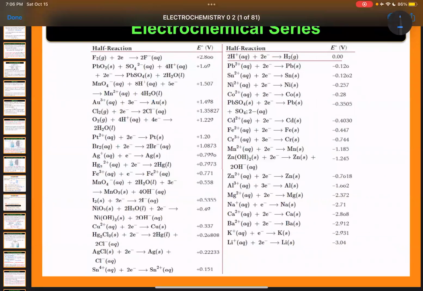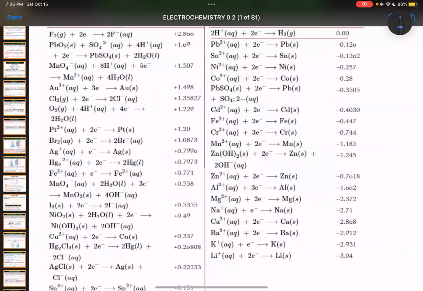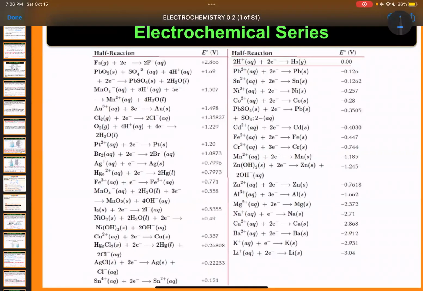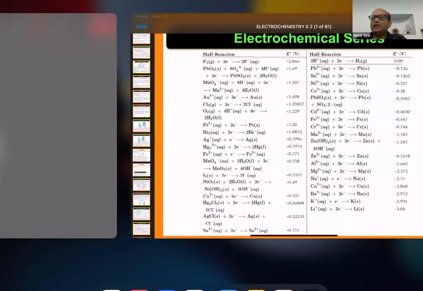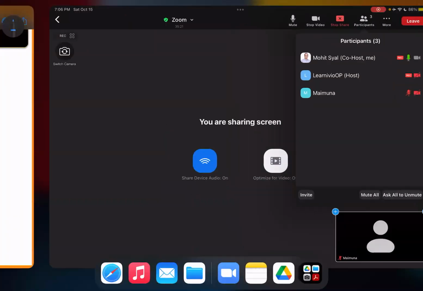Okay, so tell me, which is the best reducing agent? Who is the best reducing agent? These are reduction potential values, and these are the most common questions asked for the electrochemical series or the standard electrode potential, the application of this electrochemical series.